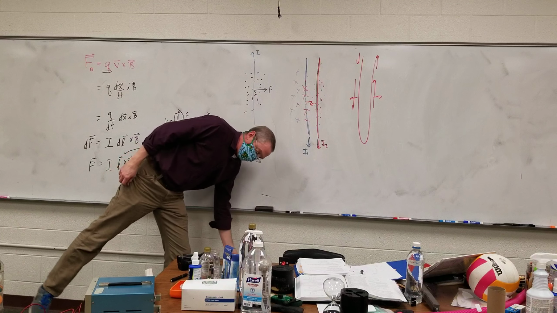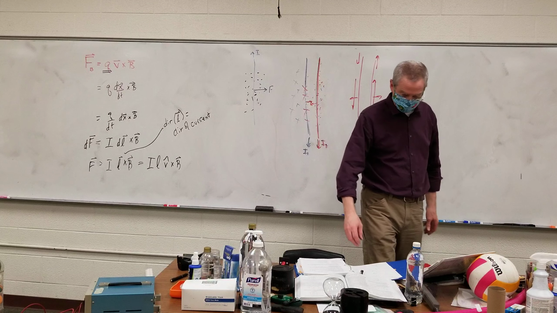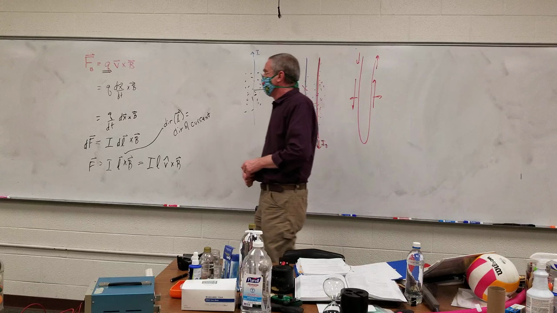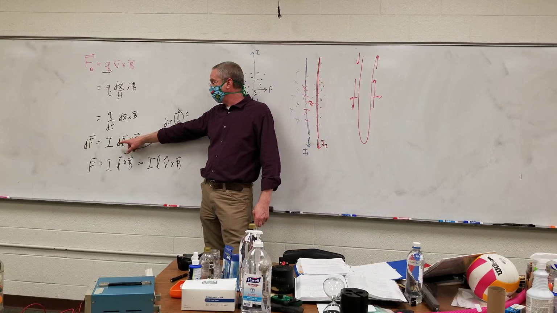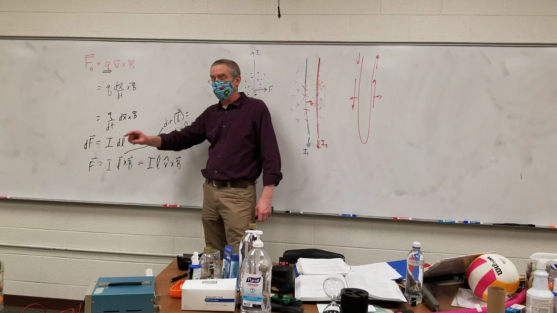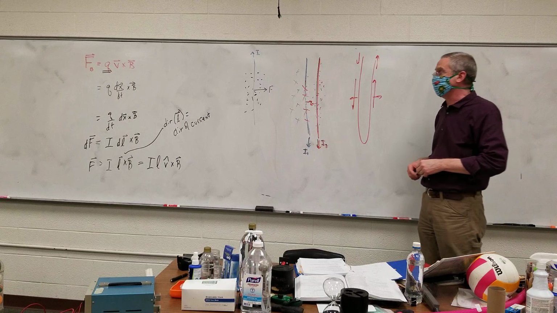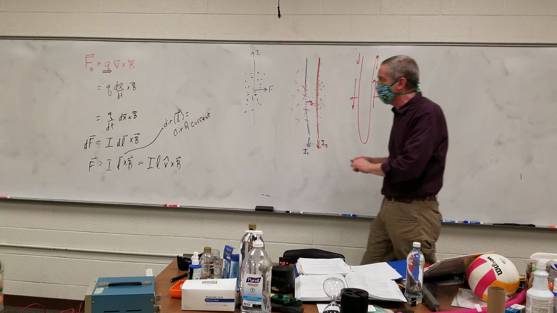So let's take a look at an oversimplified version of the formula for the force acting on these. We have this formula for the force on a wire in a magnetic field. We have a separate formula for the magnetic field created by a wire.